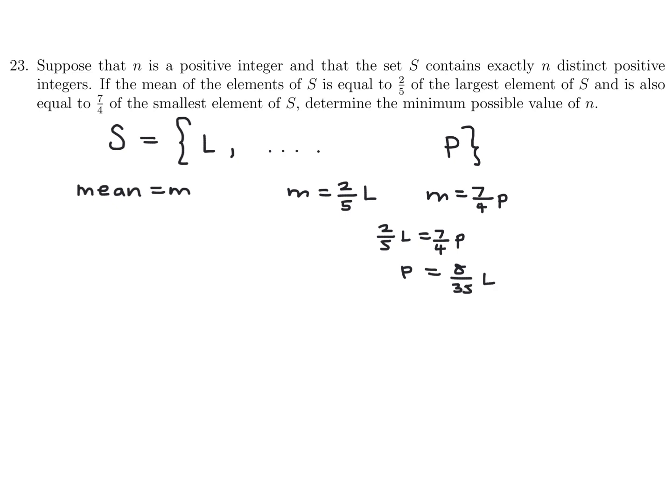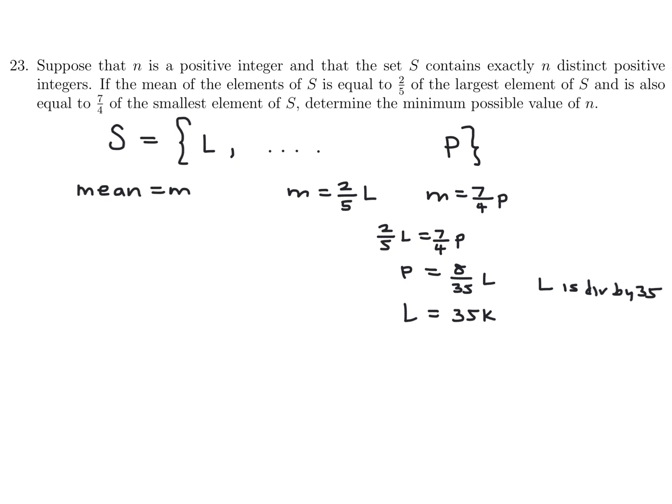And that means that since these are all positive integers, right? The set contains n distinct positive integers. So L is a positive integer, so that means that L is divisible by 35. So L is equal to some multiple of 35, so call it 35K.